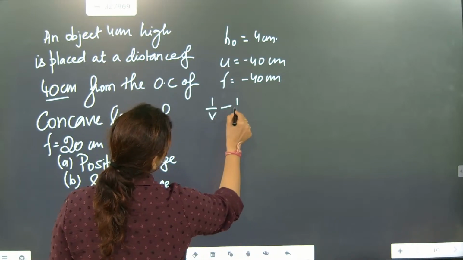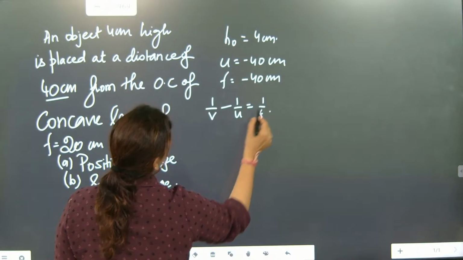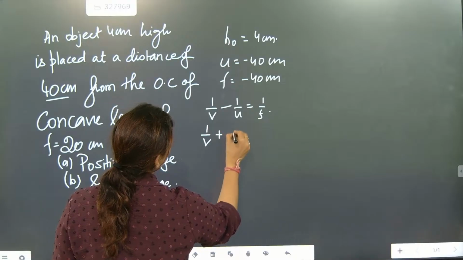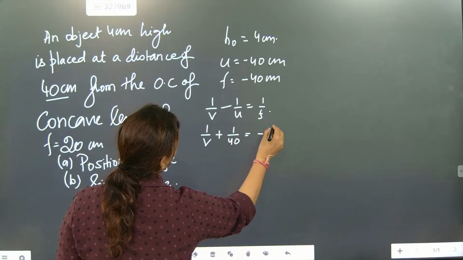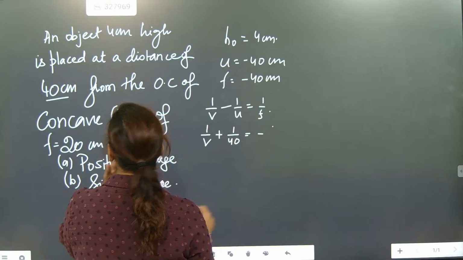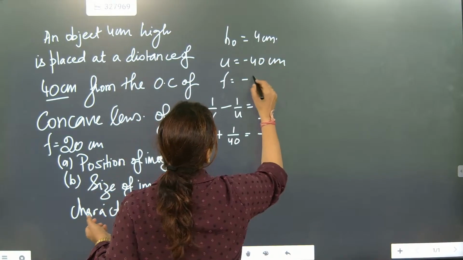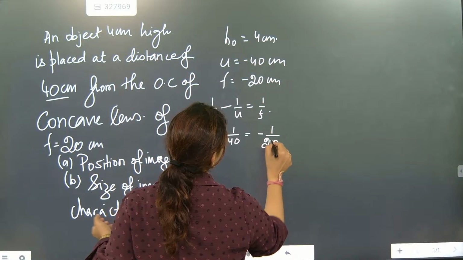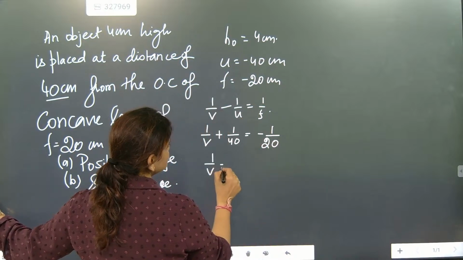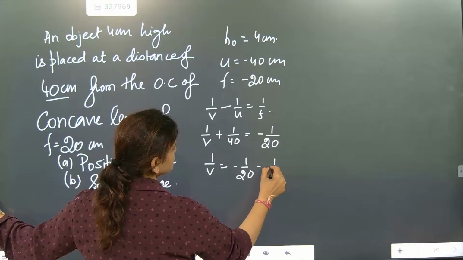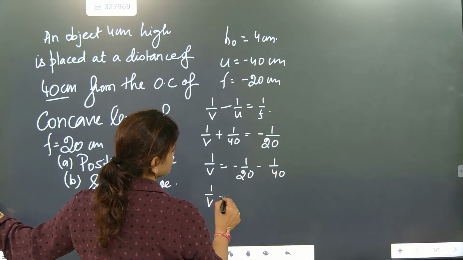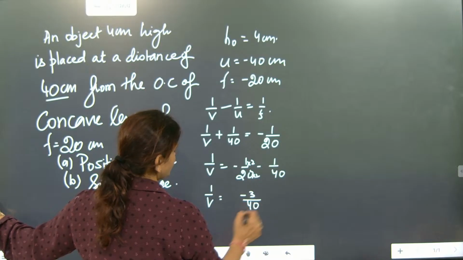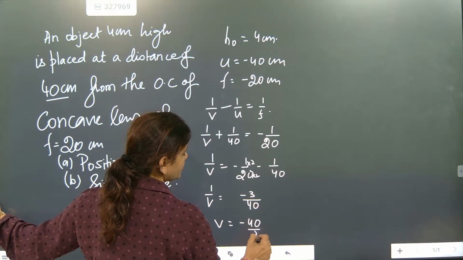So 1 by v minus 1 by u equals 1 by f. What is v? We have to find. Minus and minus become plus, 1 by 40 is equal to minus, then we multiply 2 down, 2 up, so minus 3 by 40. So v will be equal to minus 40 by 3 centimeters.